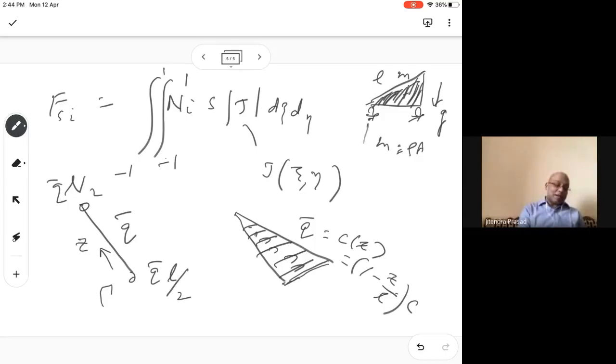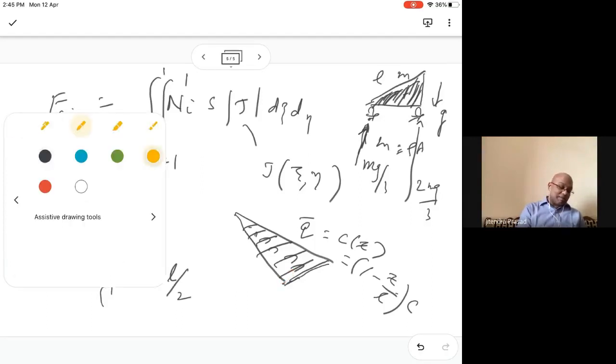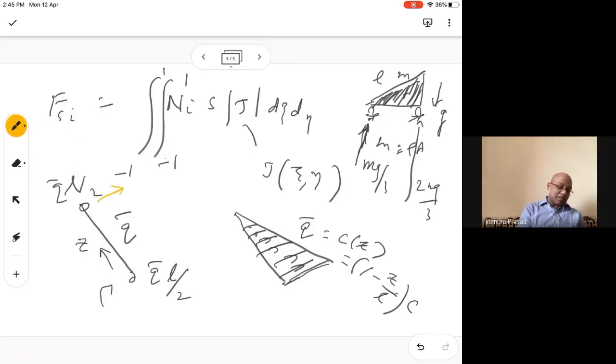So here the weight upward will be 1/3 mg, and weight here will be 2 mg over 3. So 2/3 will go here, 1/3 will go here. Similarly, here also it will be like this one. So 1/3 will go here. So whatever the value, the area, you have to calculate this way.